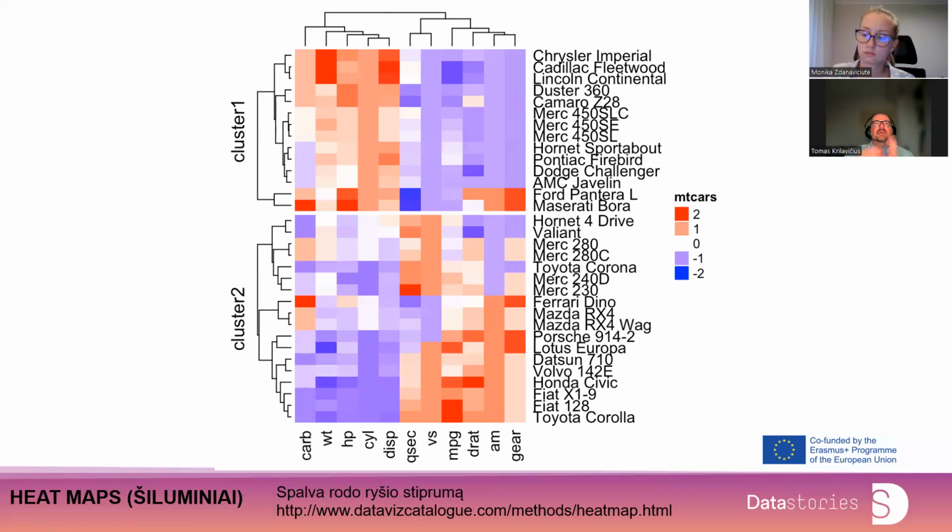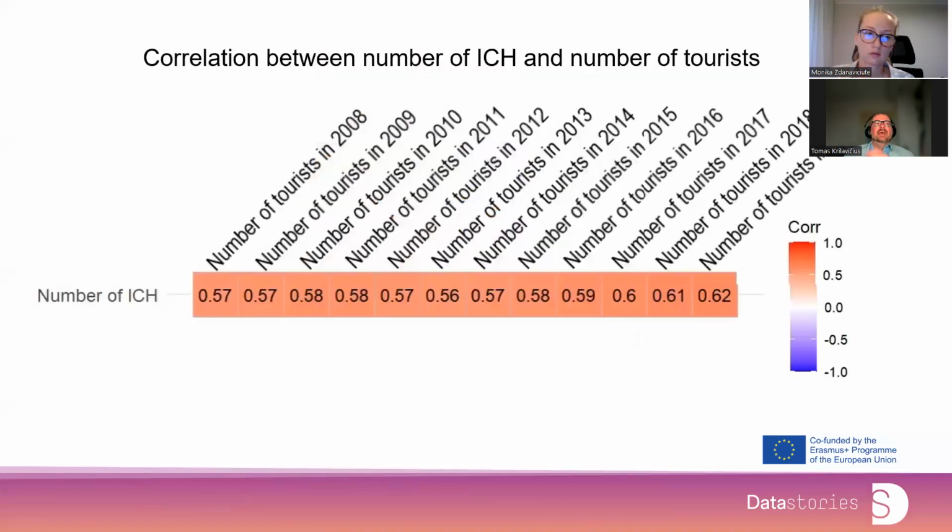And here, in addition, you also have clusters, so grouping of the cars, and then you see different characteristics of cars and how strongly they relate with different models. And of course, you can use such visualizations to depict tourism information data.